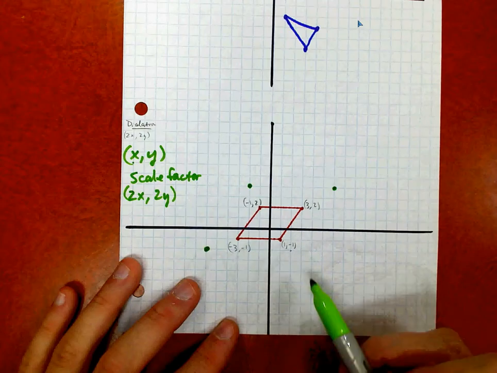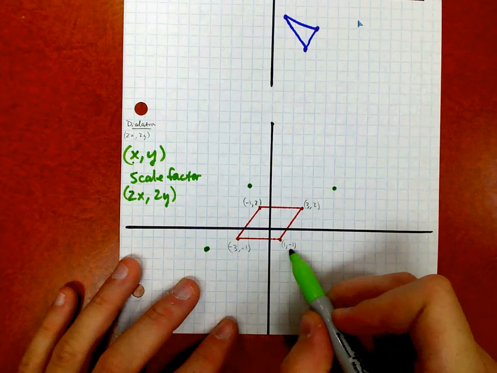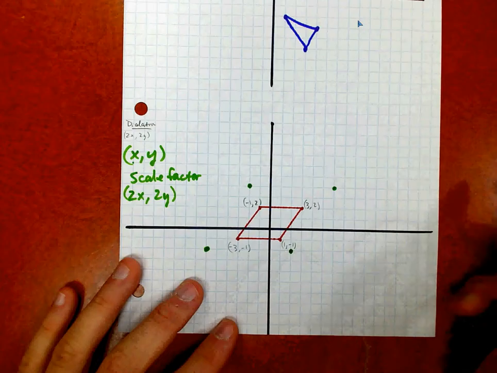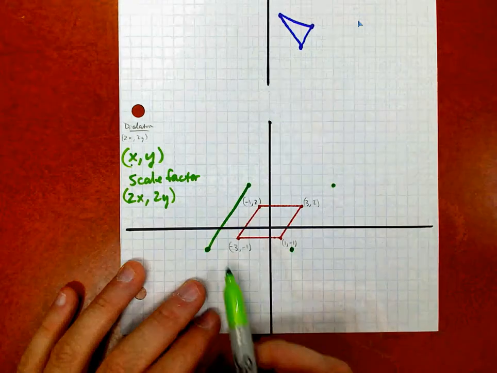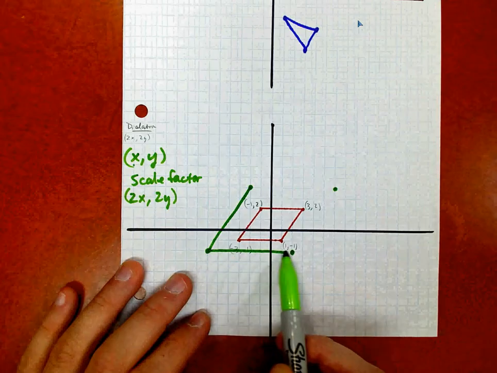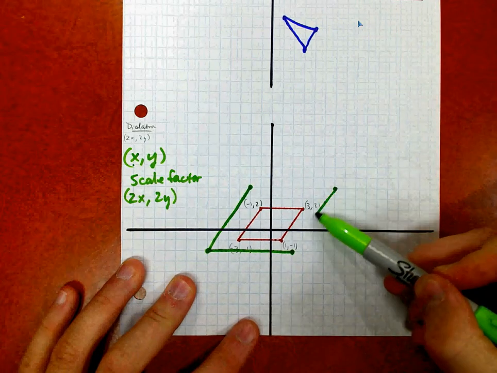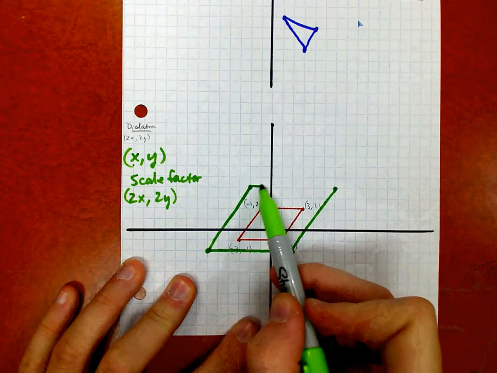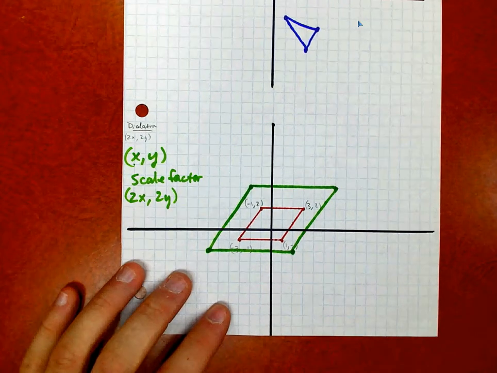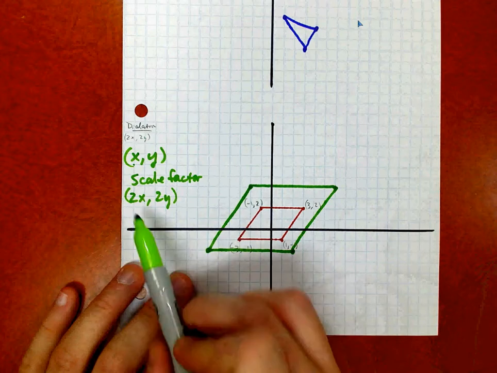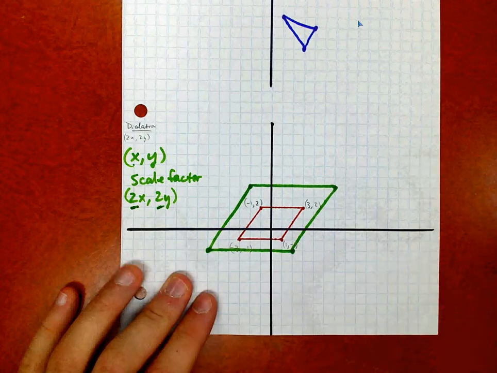And 1, negative 1 will move to 2, negative 2. And here's your parallelogram under a pretty awesome dilation of scale factor 2.